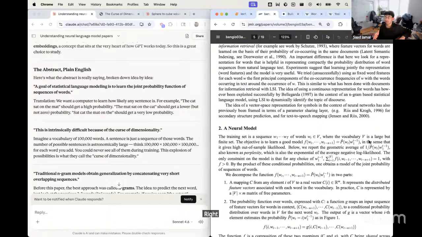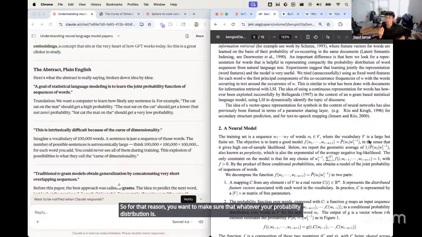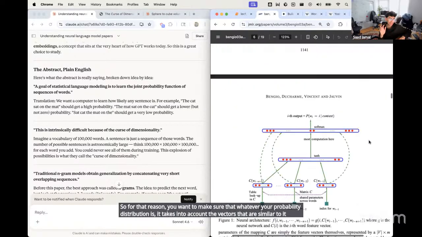And maybe the vector for the word bedroom is really close to the vector for the word room. So for that reason, you want to make sure that whatever your probability distribution is, it takes into account the vectors that are similar to it. So that's kind of the main idea from this paper.